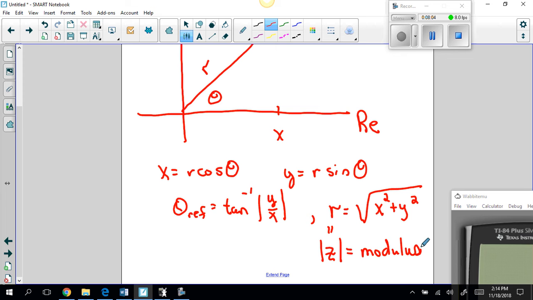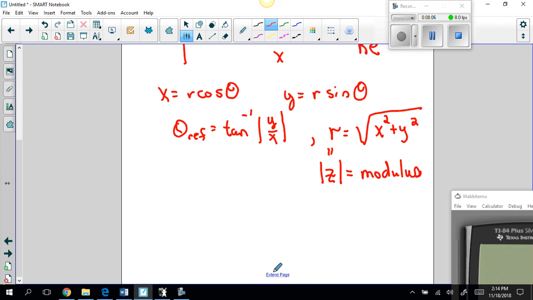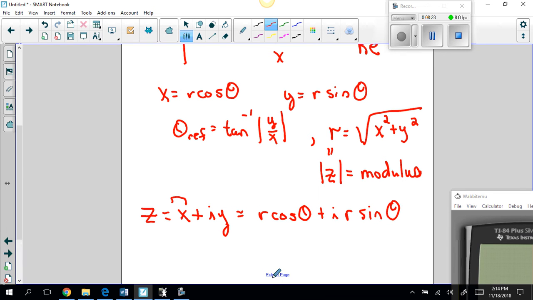So the deal is we got this complex number z, which is x plus iy. But x is r cosine theta, plus i r sine theta, because y is r sine theta.